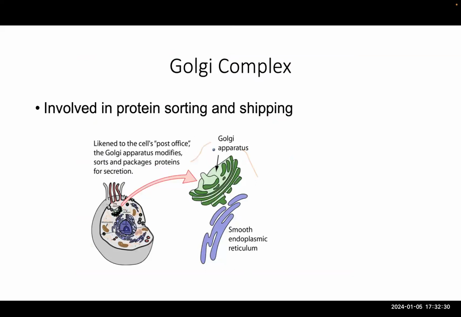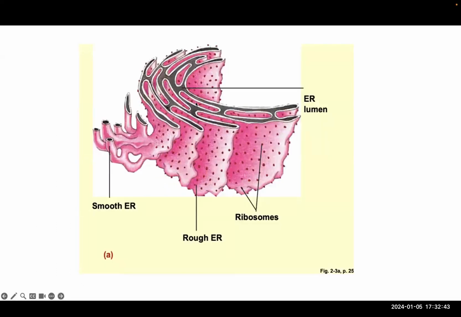And then the Golgi complex is basically the post office of the cell. The Golgi complex is involved in protein sorting and shipping. Not all proteins do, but the ones that are going to go through the Golgi get made in the rough ER.